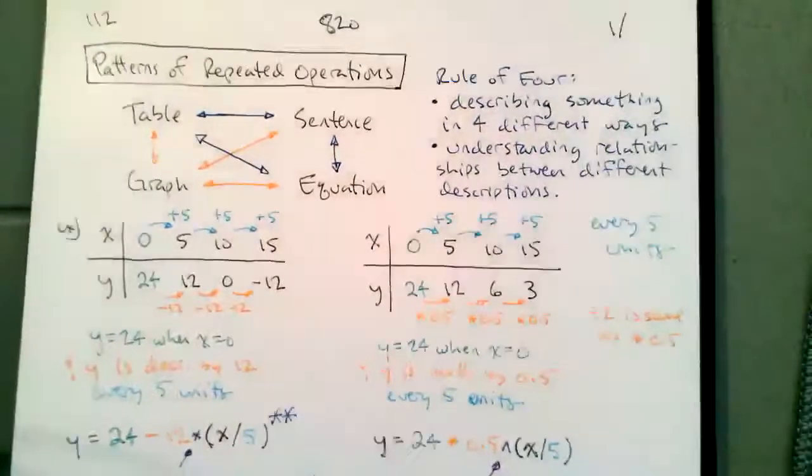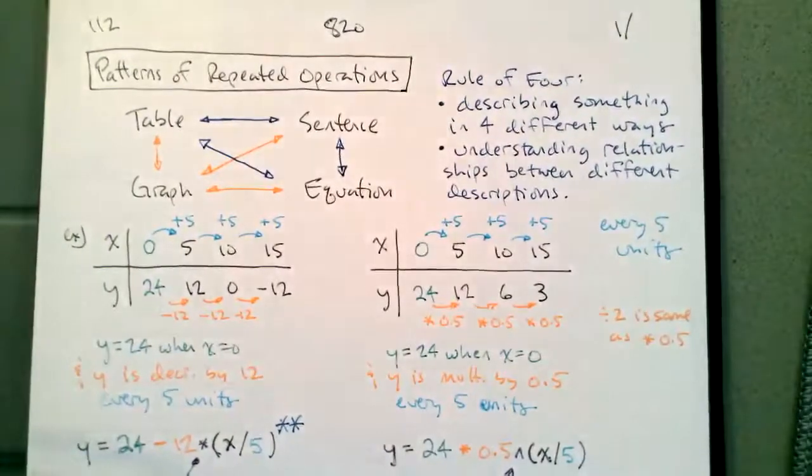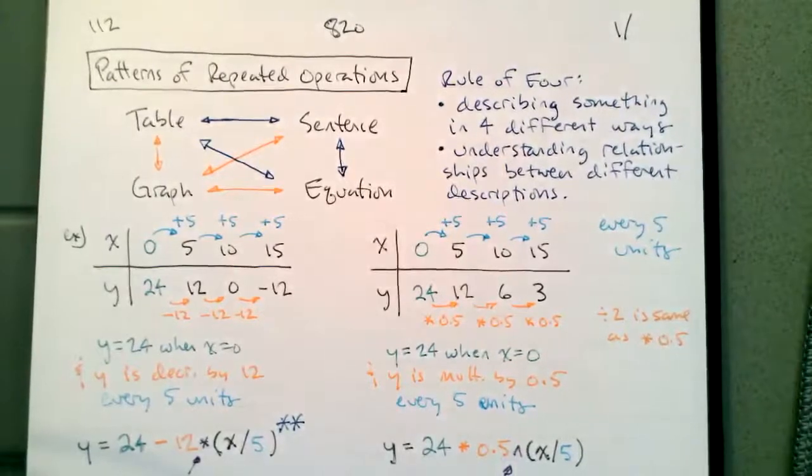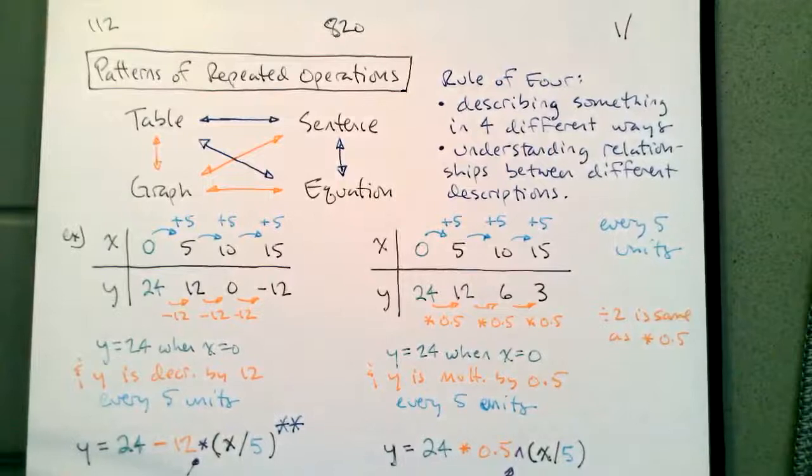One of the things that we're concerned with when we're studying things from a perspective of the rule of four, we want to describe something in four different ways: table, sentence, equation, and graph. But we also want to understand the relationships between the different descriptions.